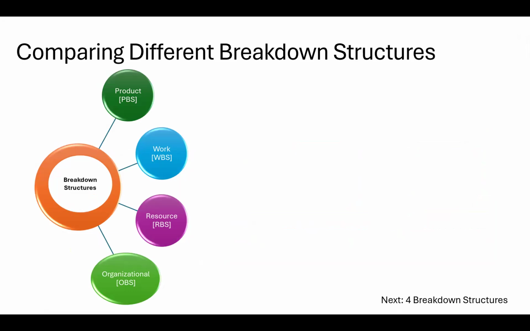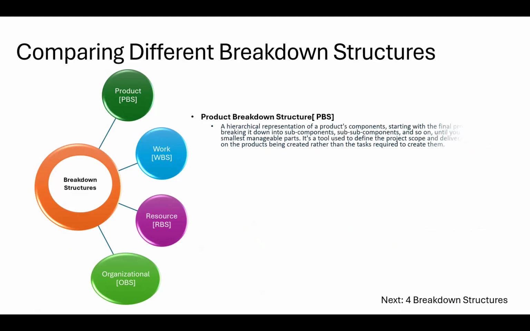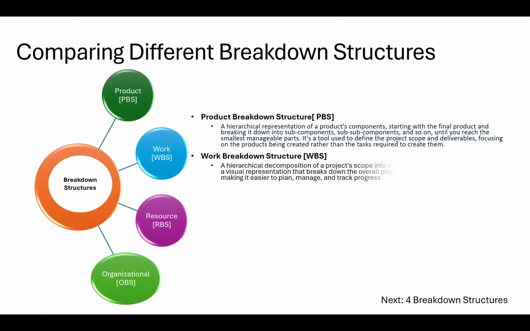And we said we had 4 types of breakdown structures. We have the product, the work, the resource, and organization. Product. Definition. Work breakdown. Your definition.